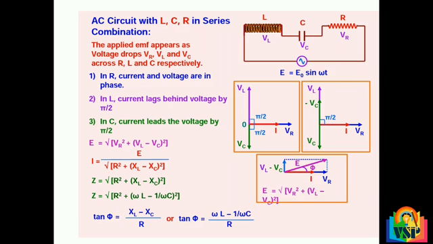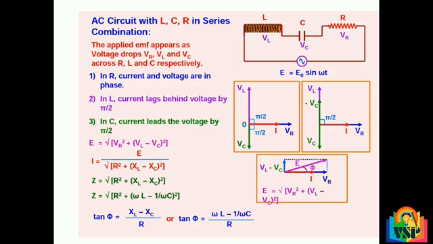We know that V is equal to IR. So from VR, VL, VC, we know that VL is equal to I into XL, VC is equal to I into XC, VR is equal to I into R.